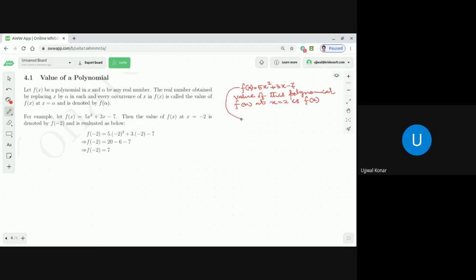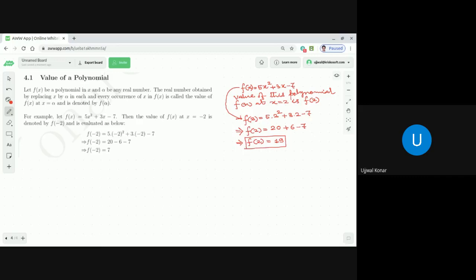So how to find the value of f(2)? f(2) is equal to 5 into 2 to the power 2 plus 3 into 2 minus 7. That implies f(2) equal to 2 into 2, 4, 4 into 5, that is 20, plus 6 minus 7. That implies we get f(2) equal to 19. So that is the value of the polynomial at x equal to 2.